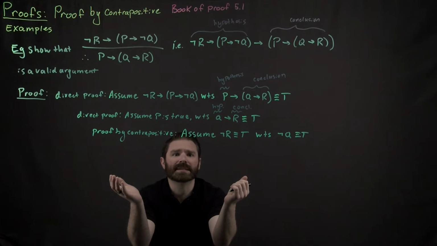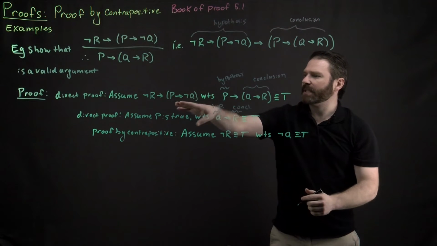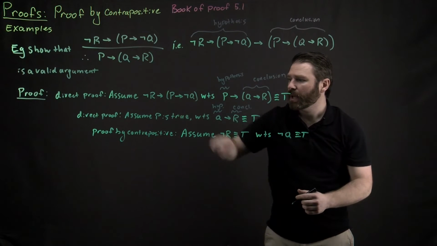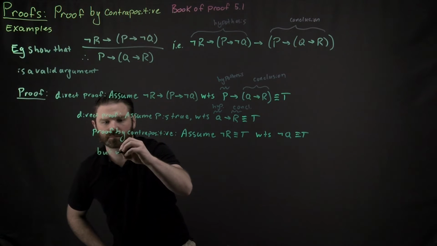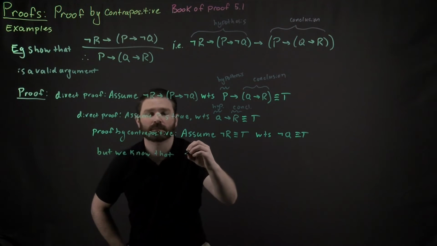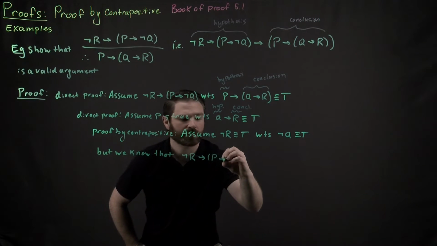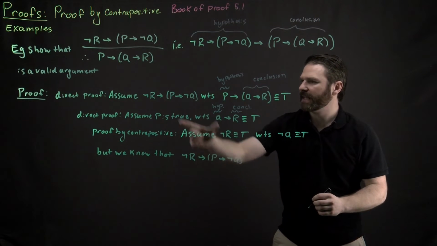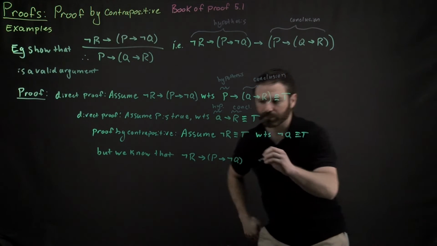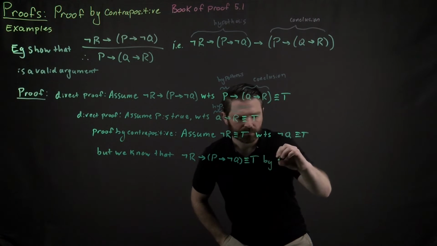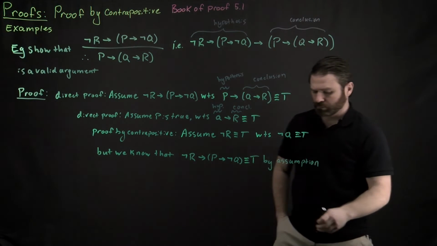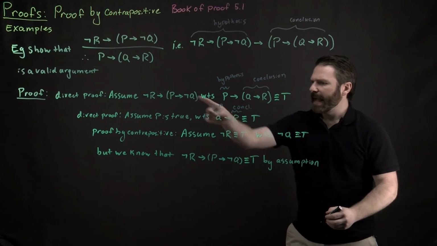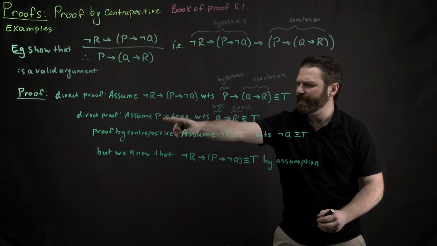Well, why in the world does this help us? It helps us because way back up at the top, I had assumed an implication right here that involved R. So we assumed right here that this big implication was true, and we also assumed that P was true.